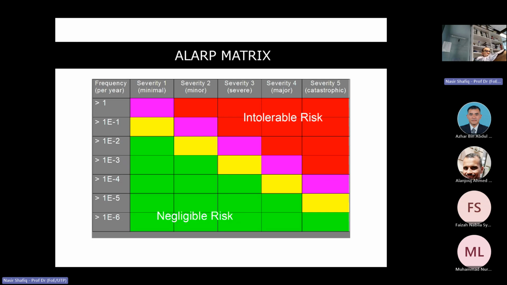This is high risk. This is medium risk. These two colors, purple and yellow, come under medium risk. Red is intolerable risk. If your asset is posing this, immediate action is needed.